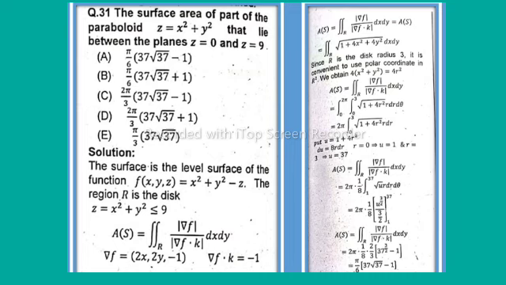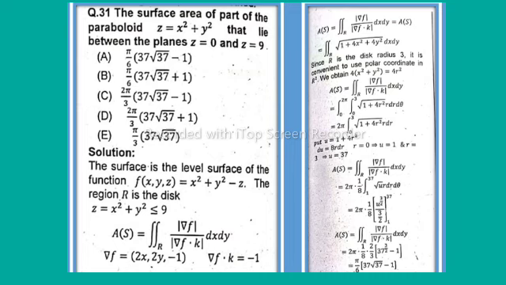This is equal to 2 pi times 1 divided by 8 times 2 divided by 3 times 37 to the power 3 by 2 minus 1, which is equal to pi divided by 6 times 37 root 37 minus 1.